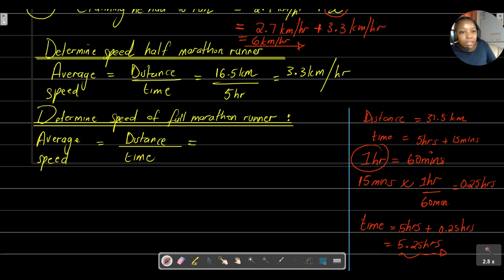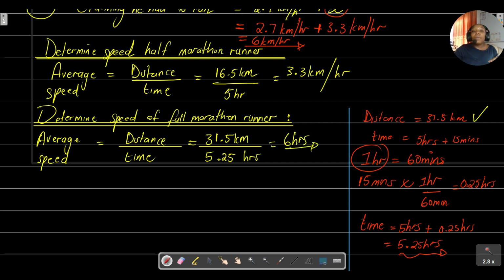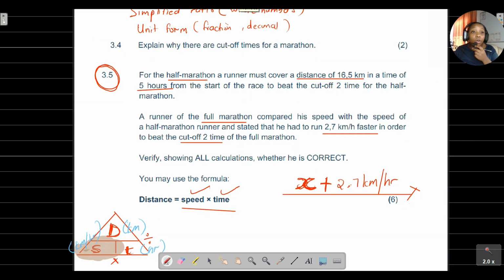The distance is 31.5 kilometers divided by the time, which is 5.25 hours. If you punch that into your calculator, you get 6, which is what we wanted. So we can see that his statement is actually correct.